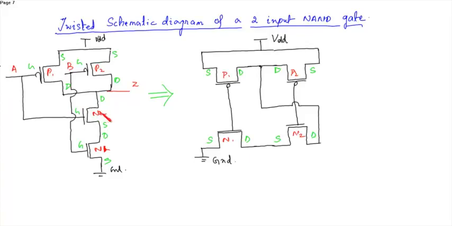Okay, if I make it as N1 and this should actually be N2, then you have to make some changes over here accordingly. When I take this as N2 and this as N1, there will be just a change over here.